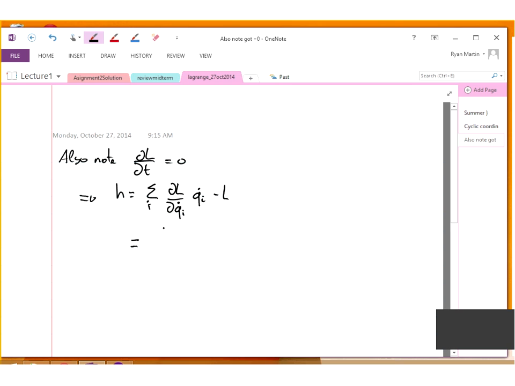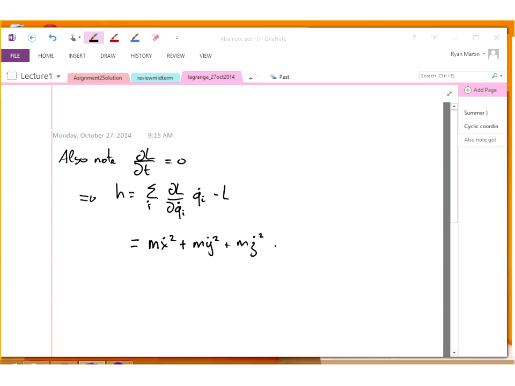The sum over i goes from x, y, and z. So the ∂L/∂x dot we already found to be mx dot, right? Times x dot, so we have mx dot squared, plus my dot squared, plus mz dot squared.